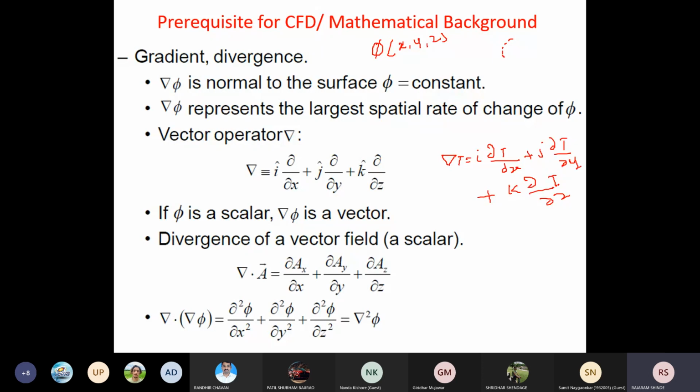Now you see here, if we take this gradient of T, it is a heat, or it is a thermal gradient, we can say. Why are we calling it a thermal gradient?